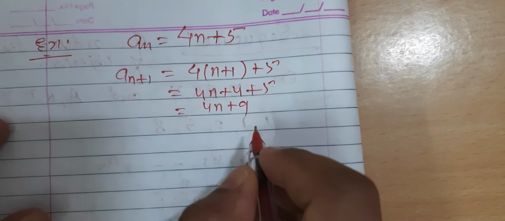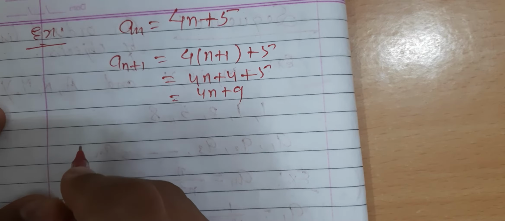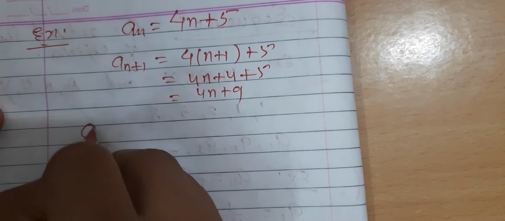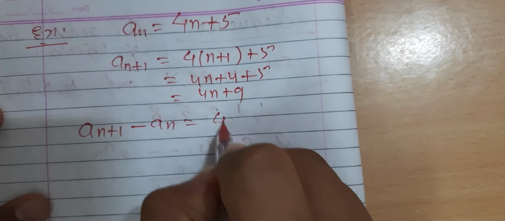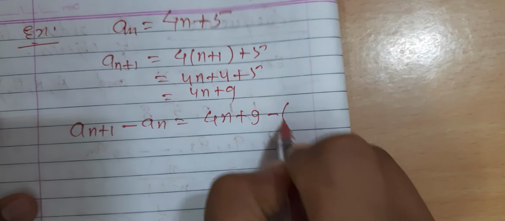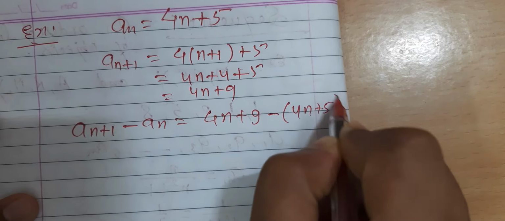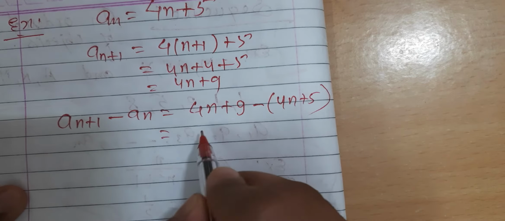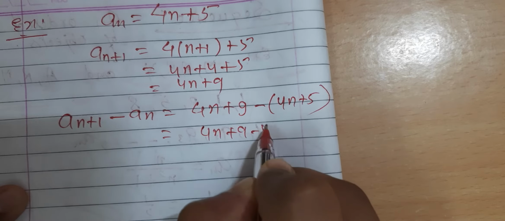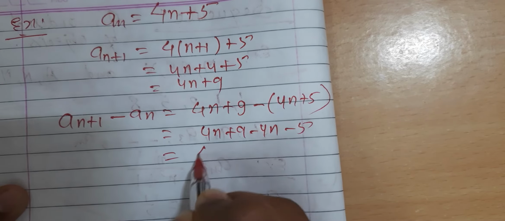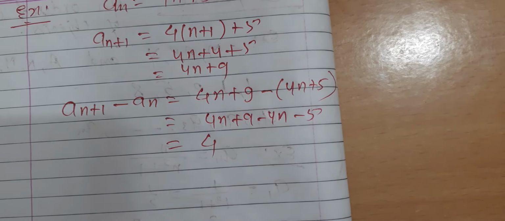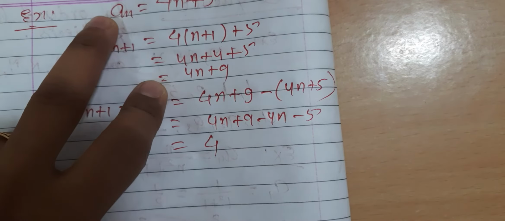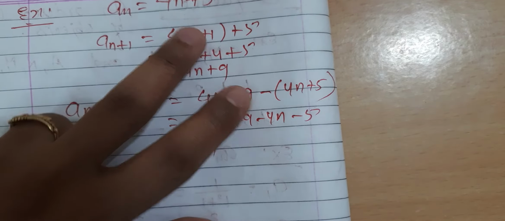So here the difference, a n plus 1 minus an, is 4n plus 9 minus (4n plus 5). So 4n plus 9 minus 4n minus 5. The difference is 4. The question is: show that the sequence defined by an equals 4n plus 1 is an AP.